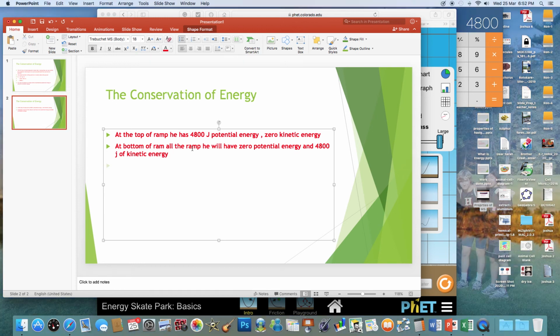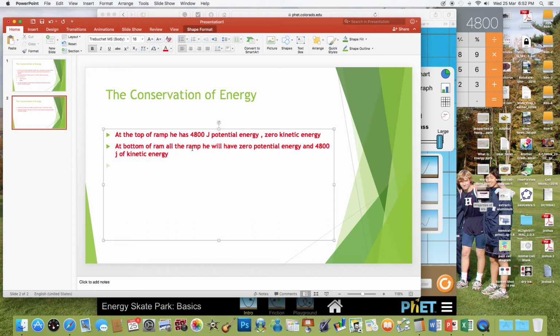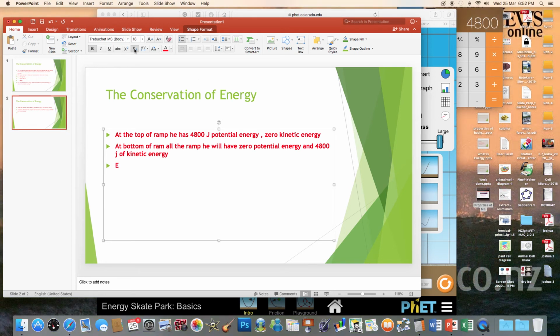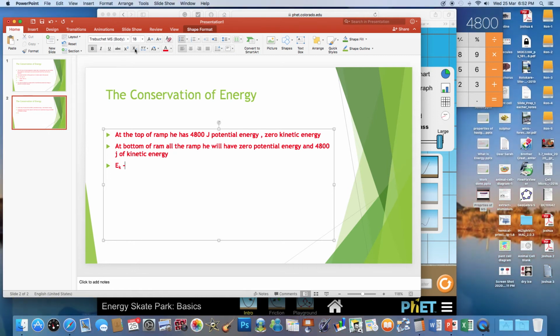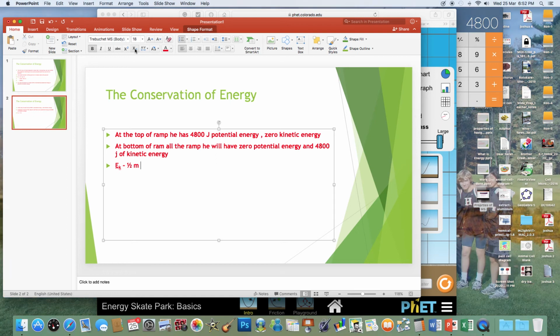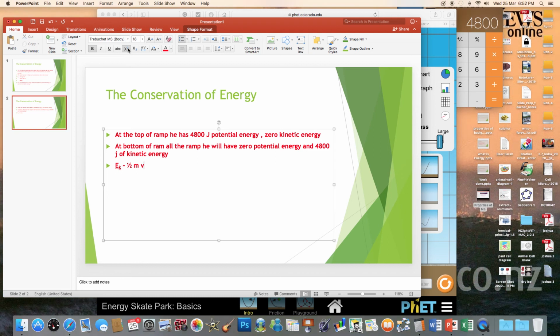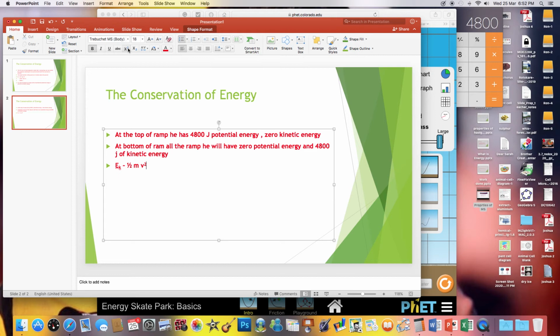Remembering yesterday, kinetic energy is equal to half the mass times the velocity squared. And so we can do the calculation that you were supposed to be able to do by the end of class yesterday to calculate this speed.